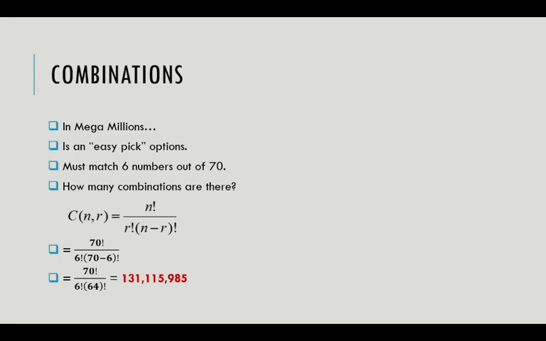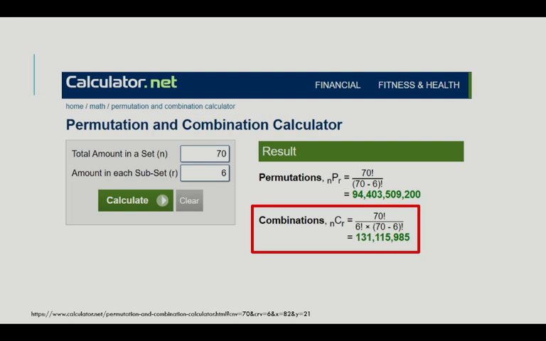Now, let me let you in on a little secret, and that is online there are calculators that will do this for you. So I actually cheated. I didn't even go to Excel, so I'm not going to lie. I went to calculator.net and selected the permutations and combinations calculator, which you can see the whole website there at the bottom, but I think if you just search for permutation and combination calculator, you're going to find this or one just like it.